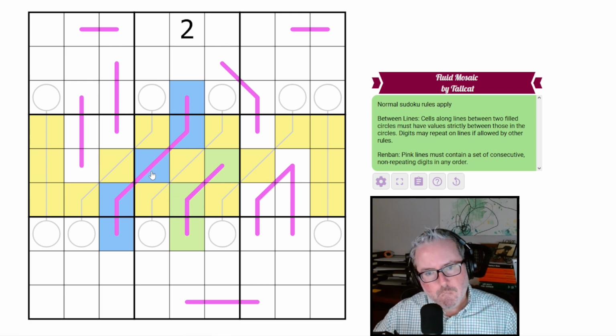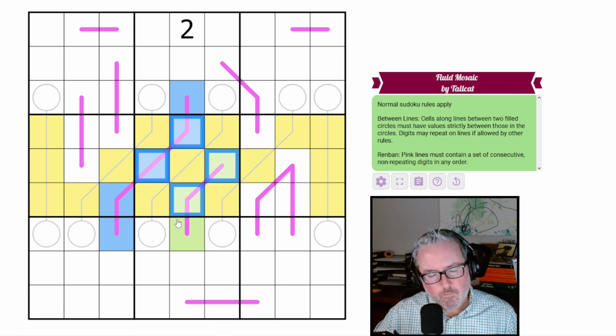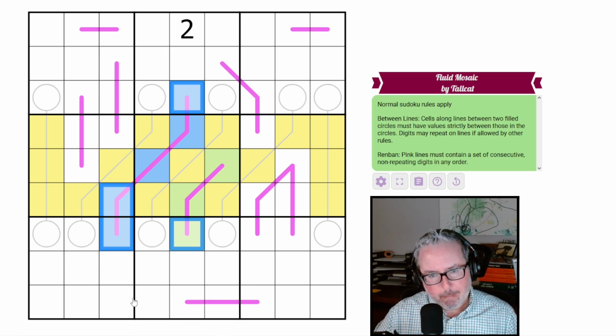Well, what does it actually tell us about these digits here? They aren't 1s or 9s. Can never put 1s or 9s in them, because the 1 and the 9 are going to be in these positions.